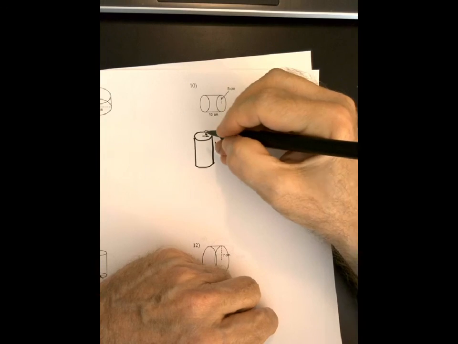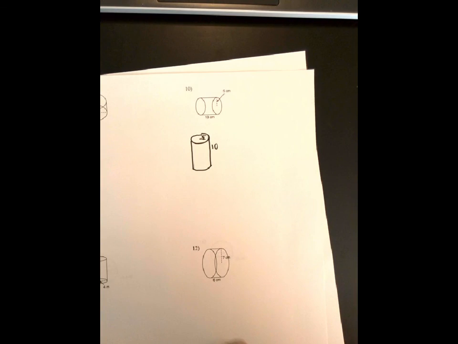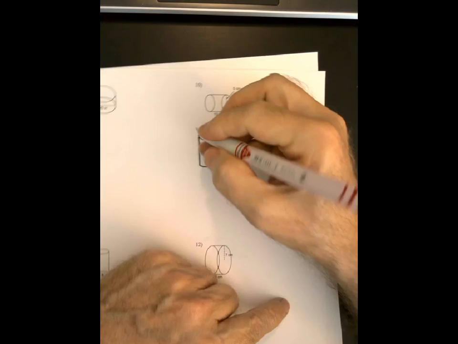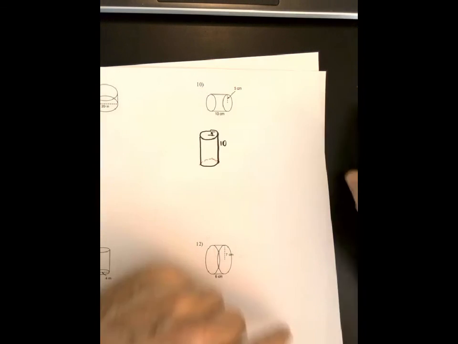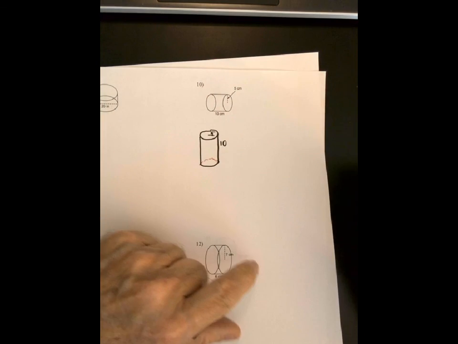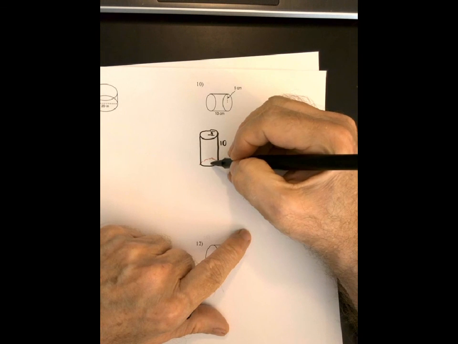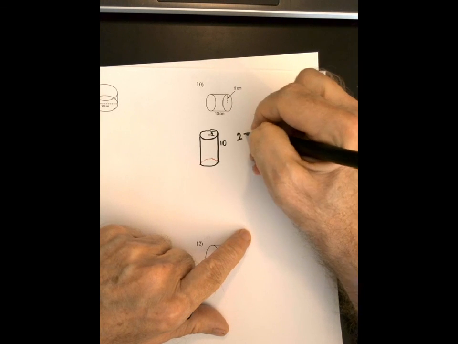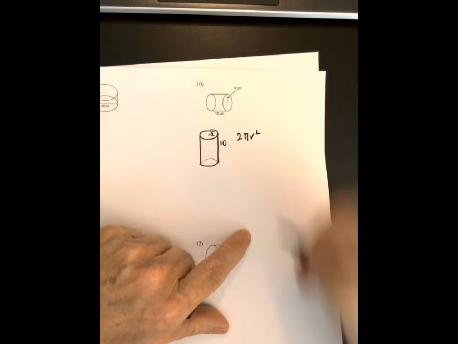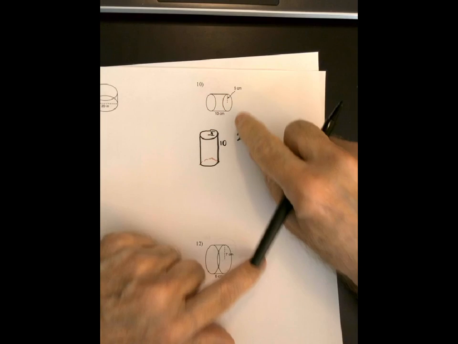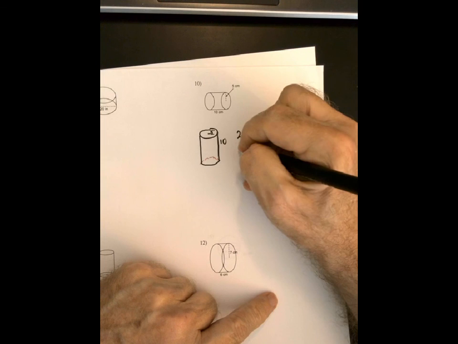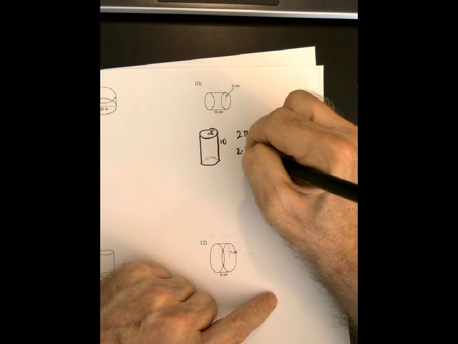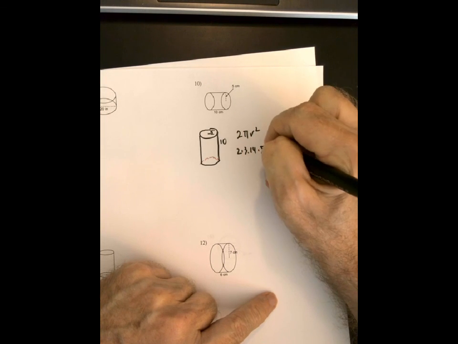It was the area of the top and the bottom, which is a circle, and there's two of them, a circular top and a circular bottom. So it's 2 pi r squared, which since the radius is 5 is 2 times 3.14 times 5 to the second power.